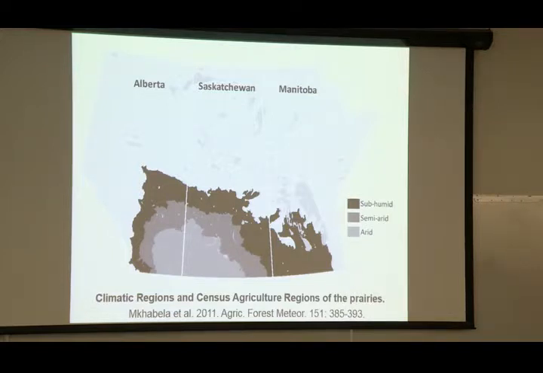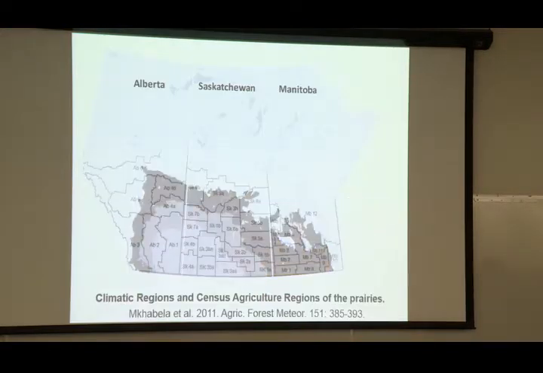We took the images for the prairie region, we split them up into these different climatic regions, and then what you do is you overlay something like these census agricultural regions, strip out everything that's river valley and cities and anything that's not cropped, so that you get a mean NDVI value for each one of these different census ag regions.